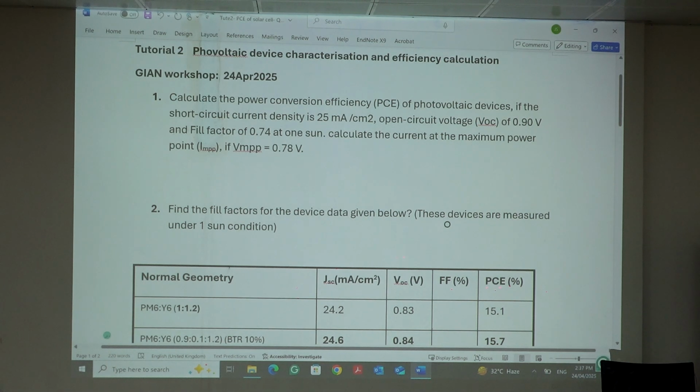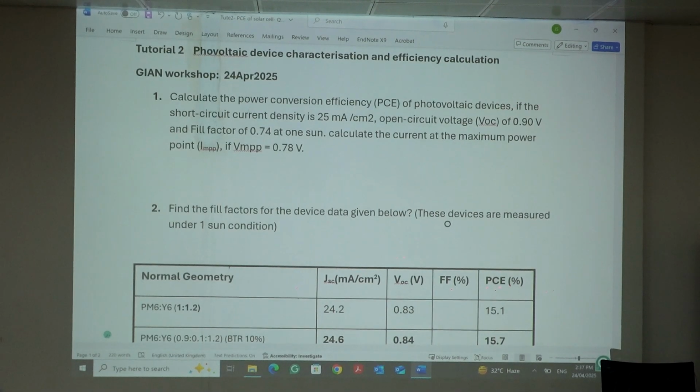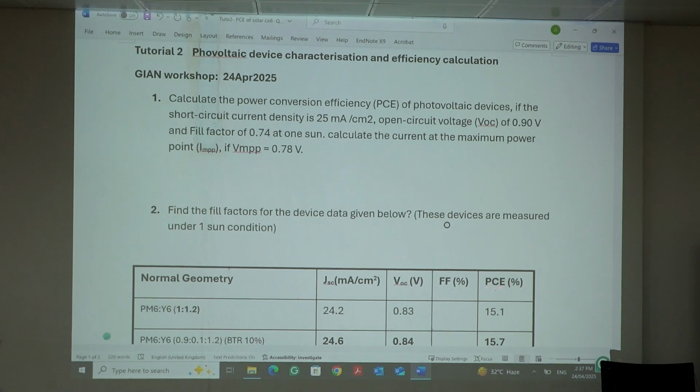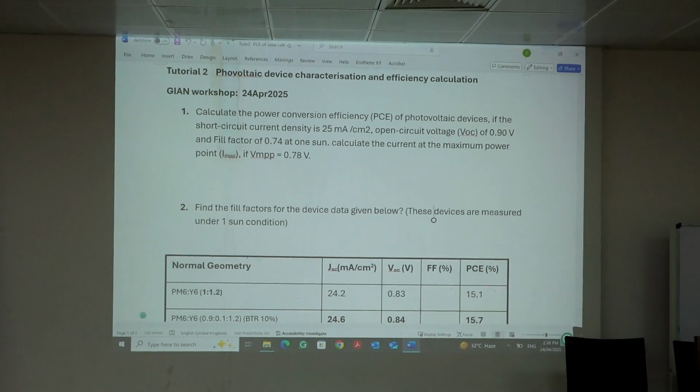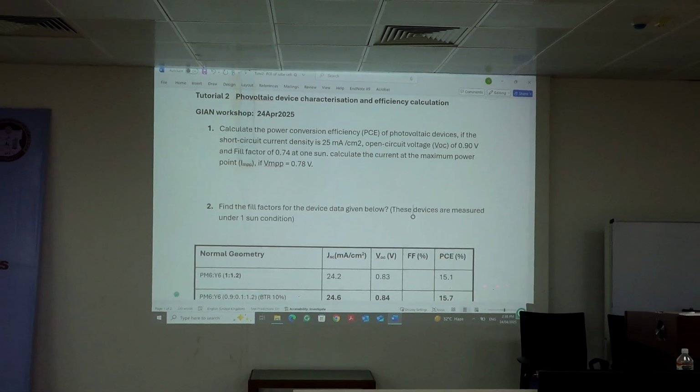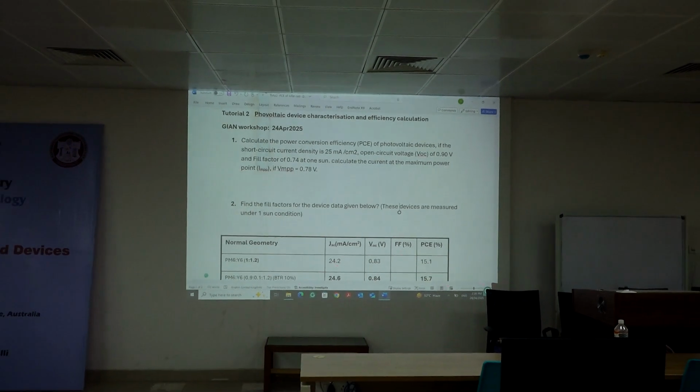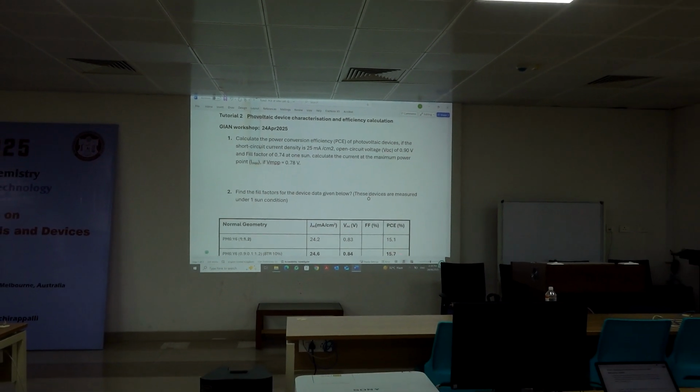What is the PC? There are two questions here. Yeah, that's just one.